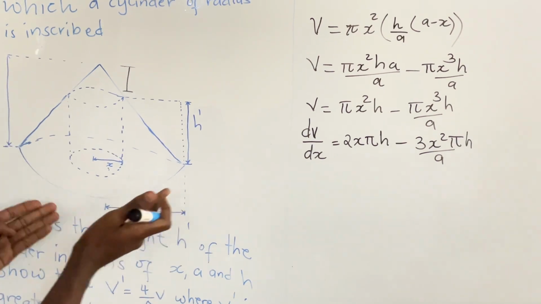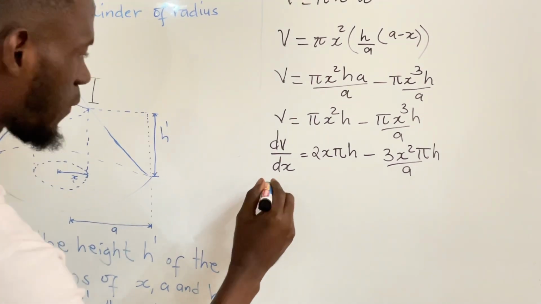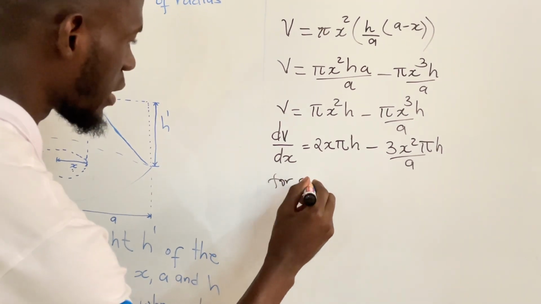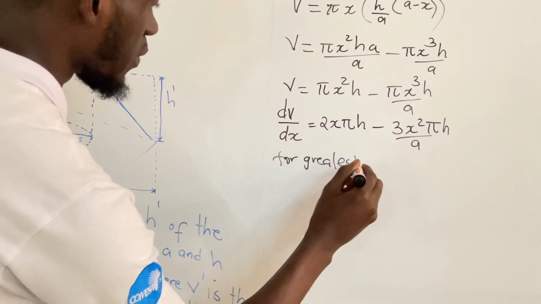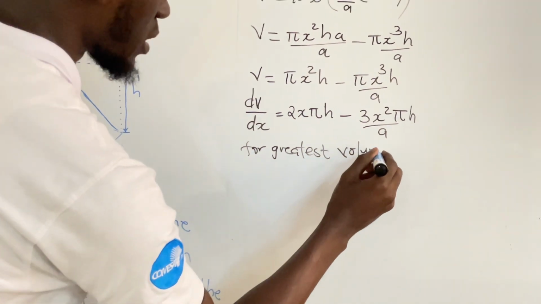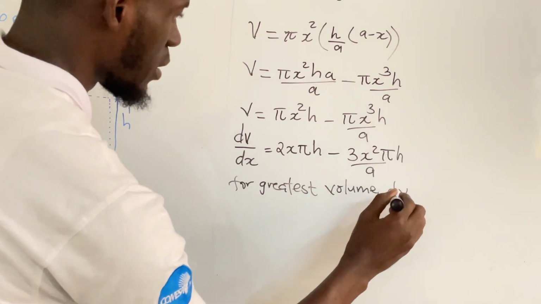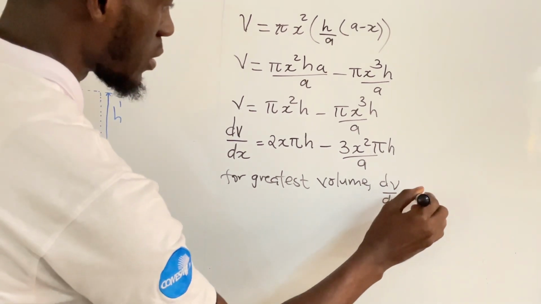They are for this cone, so they remain constant. But we know that for greatest volume, we say that our dV/dx is equal to 0.